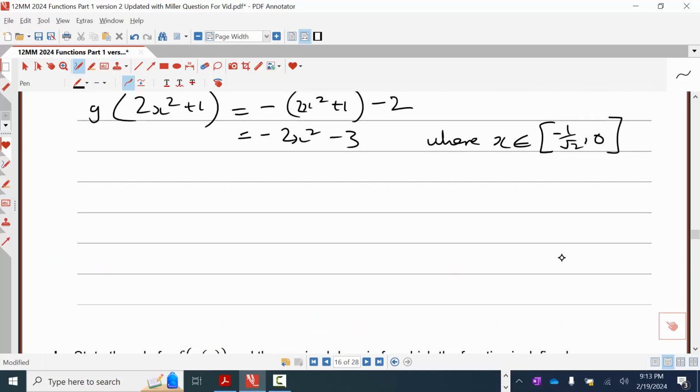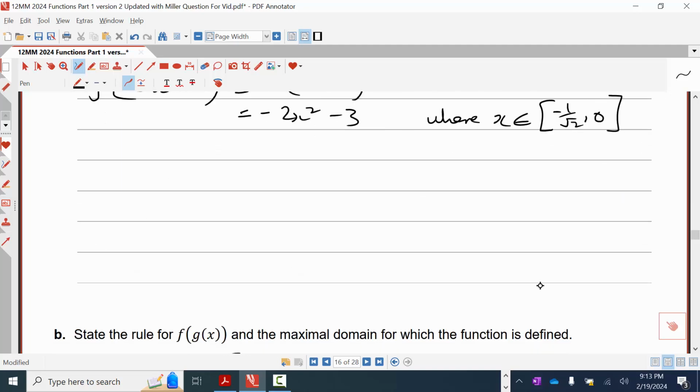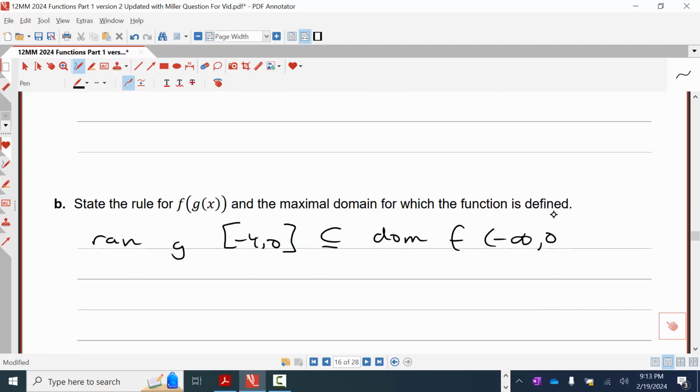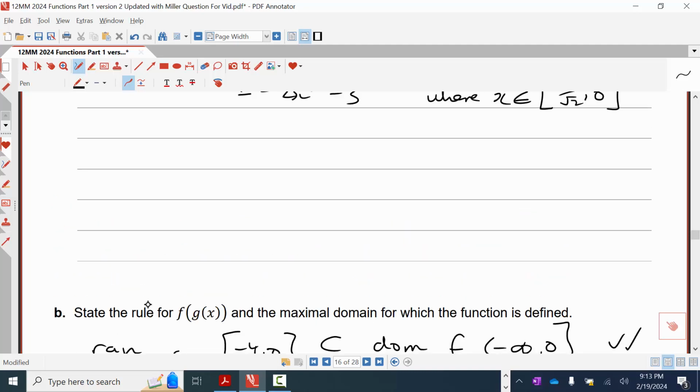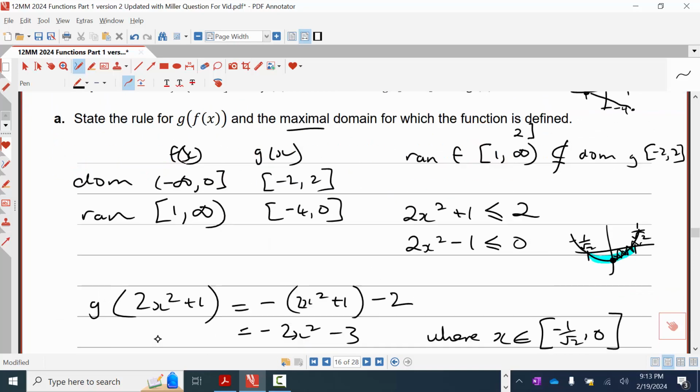Did it include it? Yep. Okay, so we can clearly see that negative 4 to 0 certainly is a subset of this. So that is true. So we can form this composition straight away. So for f of, we don't need any modification because it's immediately acceptable.